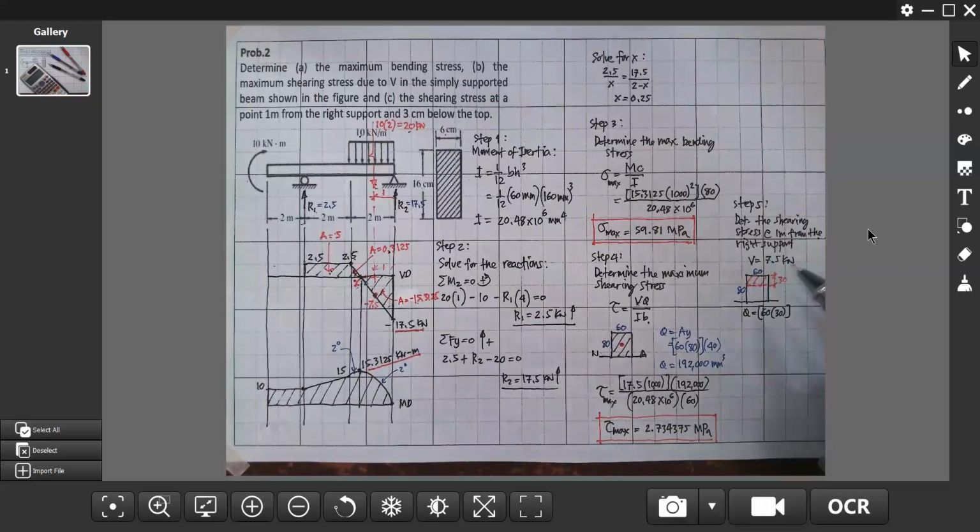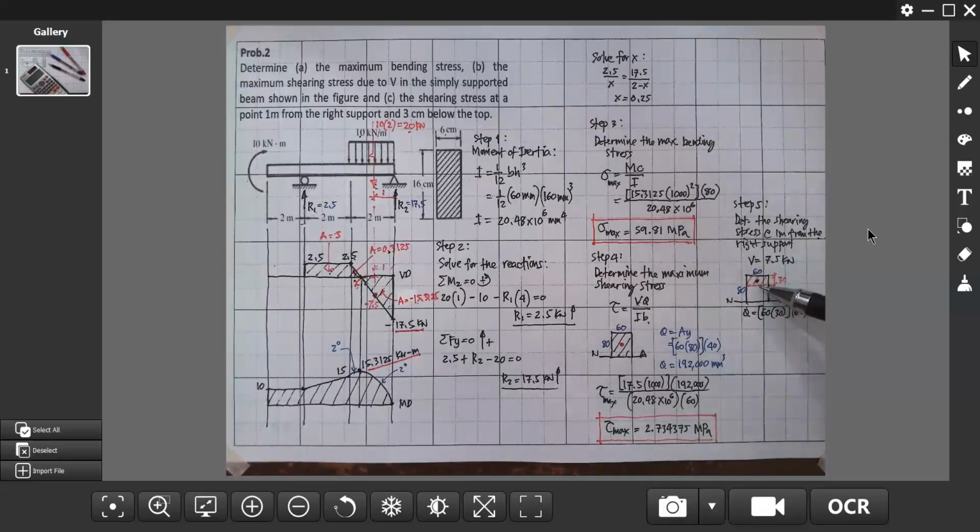The centroid is 50 plus half of 30, so y is 65, the distance from the centroid to the neutral axis.